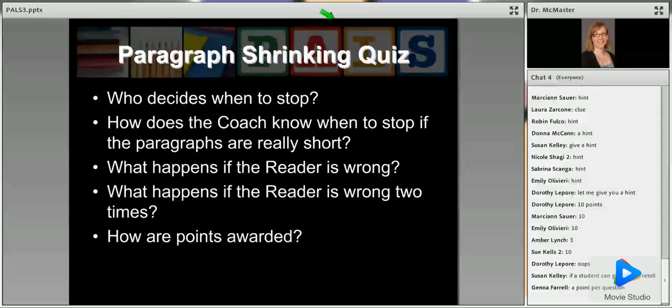Say the main idea in 10 words or less, they get 1 point. So it's 3 points. So retell and paragraph shrinking are somewhat different because retell is doing all the details in sequence. Paragraph shrinking is summarizing the main idea, which is just the most important thing, leaving out all the other details. And that's for each paragraph.